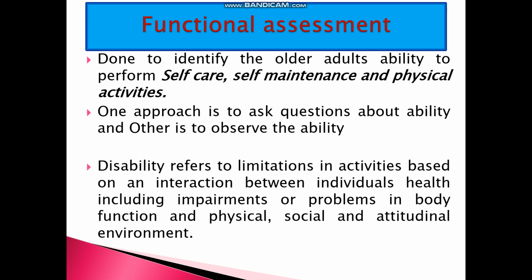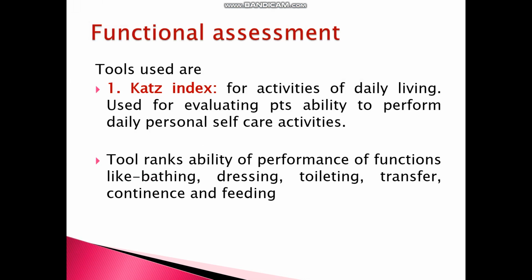And afterwards, we have to observe whether they are actually doing what they said. Disability means impairments or problems related to body function, as well as physical, social, and attitudinal environment. That is disability. To assess function, we can use many tools available.